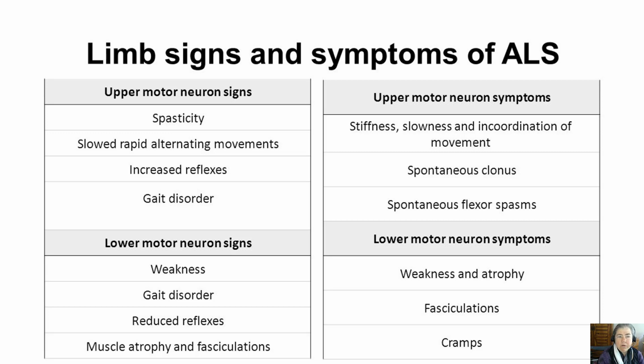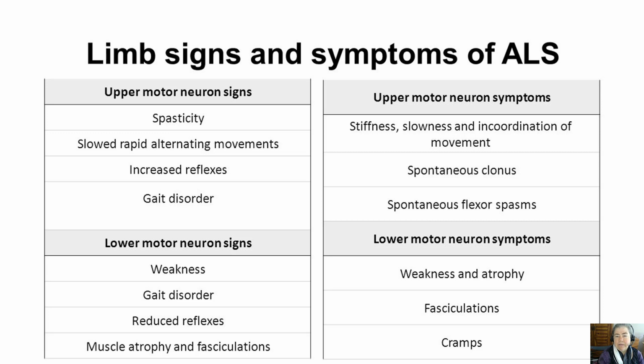The upper motor neuron signs, which are things that you detect on exam, include spasticity or tightness of the muscles, a slowing of the ability to do rapid alternating movements, an increase in reflexes, and disorders of gait that have to do with the spasticity.